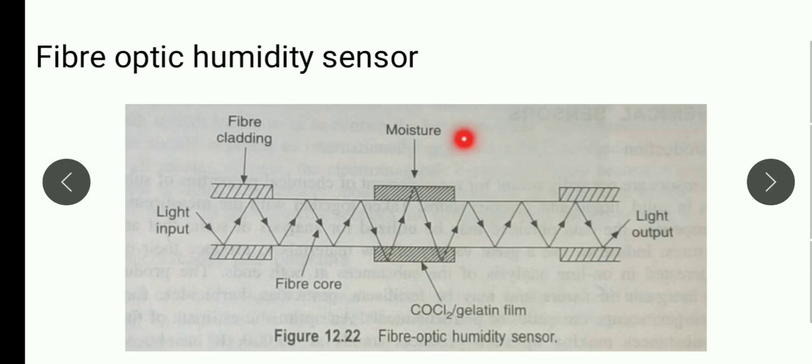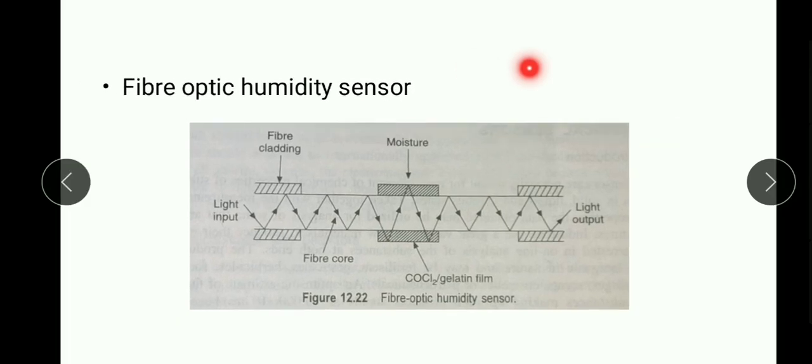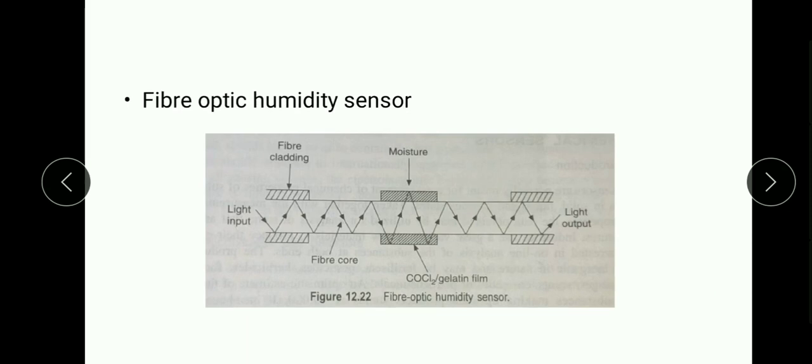Depending upon the external moisture, if there are variations in moisture, these salts may turn dark or light pink, that is, a change in wavelength happens, and due to this change in wavelength, the light passing out of the fiber cable gets attenuated. Hence we are measuring the output intensities and plotting relative intensity against relative humidity, and that relationship is not linear. So this is a very typical and complex application of fiber optic sensors.